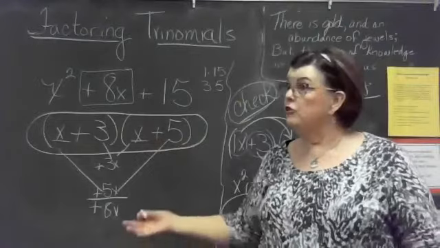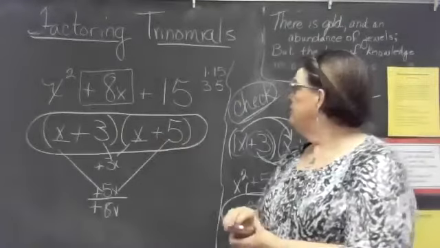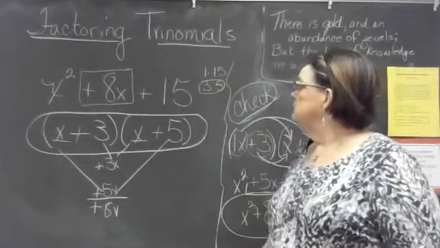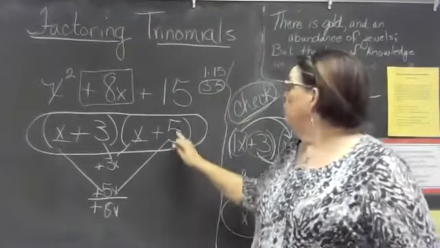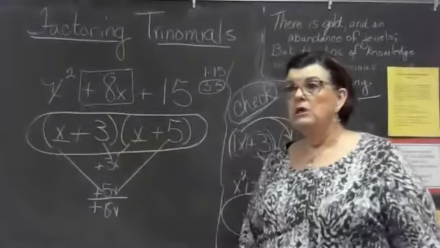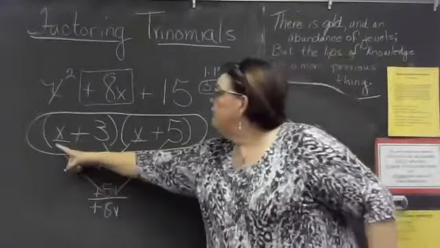Everybody okay with the very first one that we did? Okay. And one thing I noticed that I forgot to tell you, whenever we chose 3 and 5, it did not matter where we put them. We could have put the 3 here and the 5 here and it still would have worked. It only works like that if the front term is exactly the same.